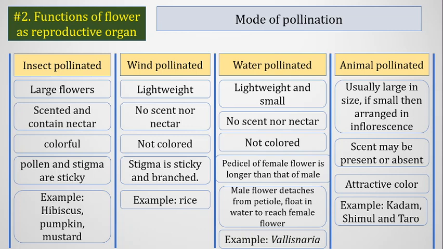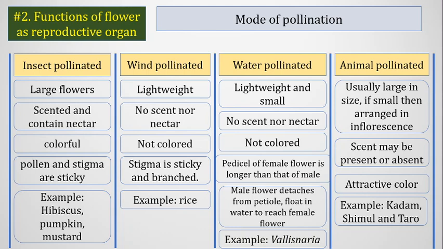Some flowers are insect pollinated, some are wind pollinated, some are water pollinated, and some are animal pollinated. And these four categories of flowers have different features for their adaptation purpose.